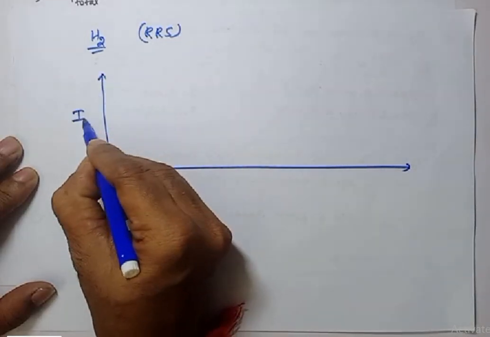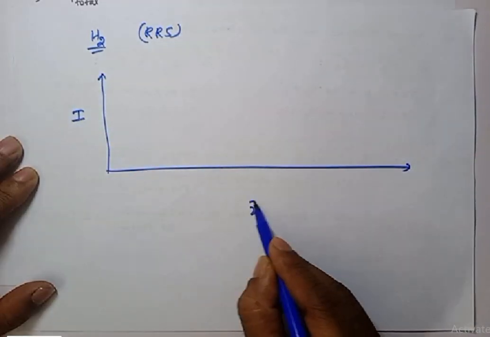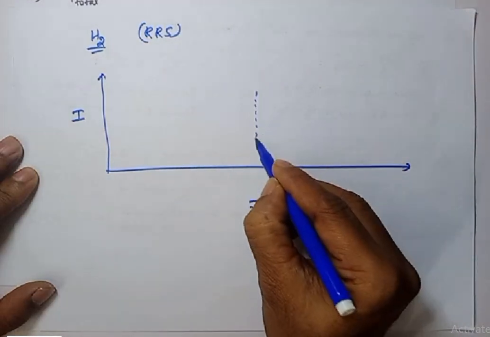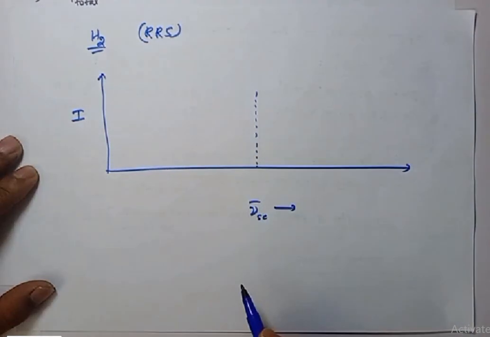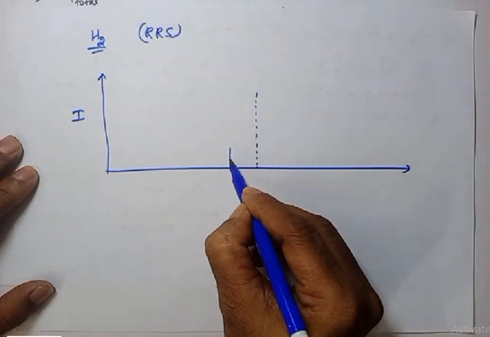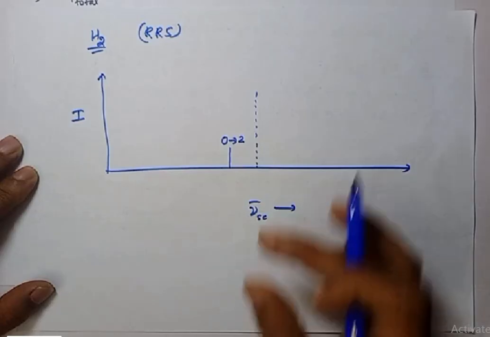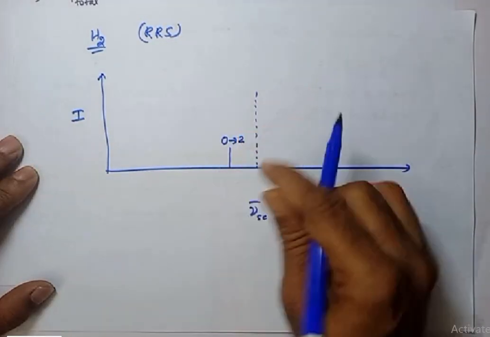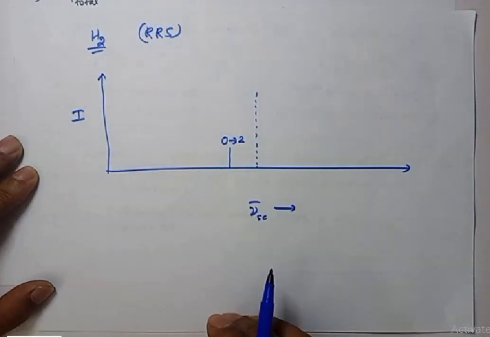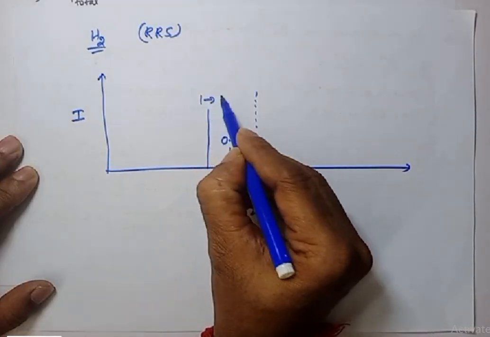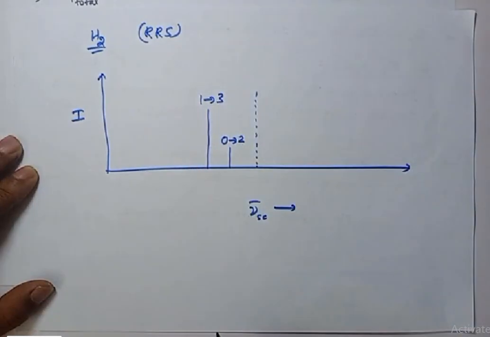In the rotational Raman spectrum, we plot intensity versus scattered frequency. And this is the Rayleigh line. The first Stokes line corresponds to the 0 to 2 transition, which appears with lesser intensity. Whereas the next line, 1 to 3, will appear with high intensity.